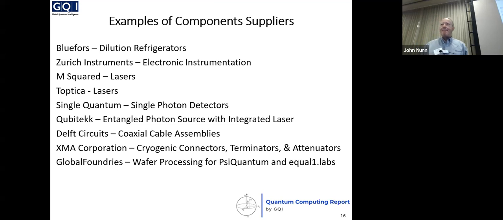So for people here in the optics industry, there's a lot of business selling to these quantum companies: various optics, lasers. There is an organization that I belong to called the Quantum Economic Development Consortium, QEDC.